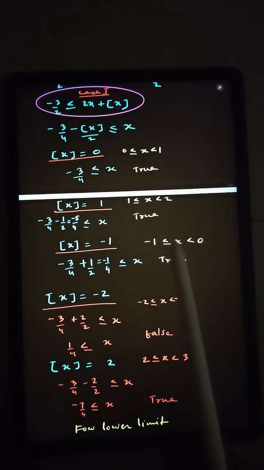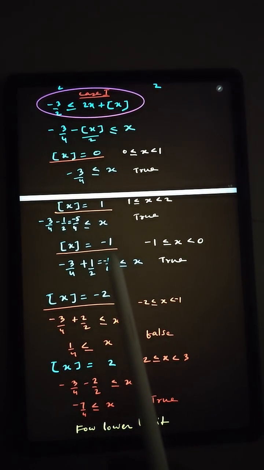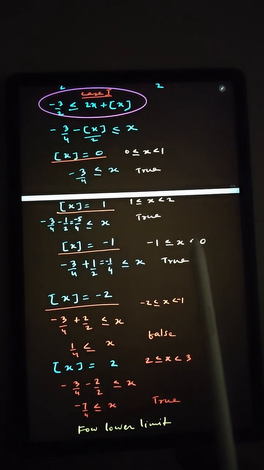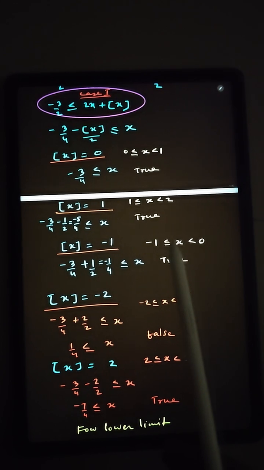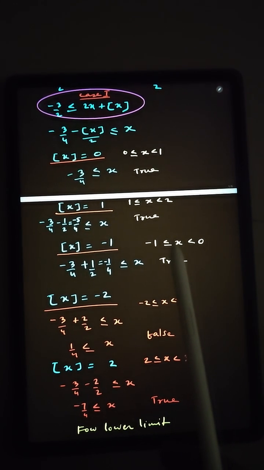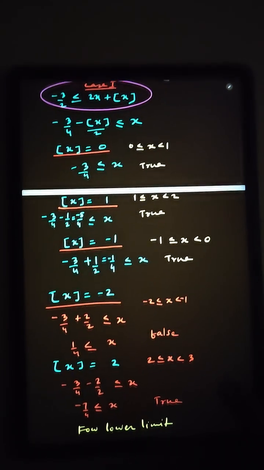If you say that x is greater than or equal to -1/4, then it may be true, yes, because -1/4 is also present here. So this relation is also true.